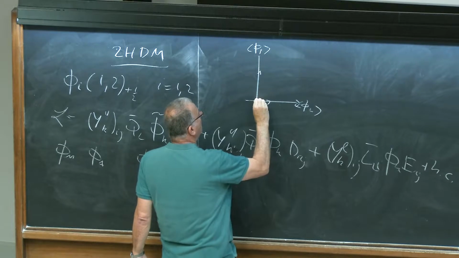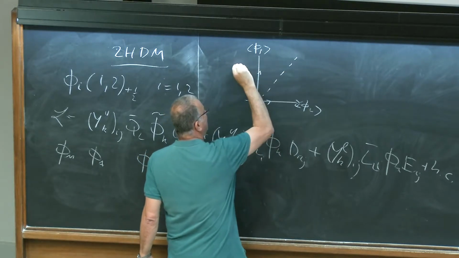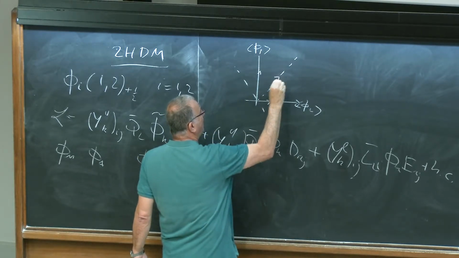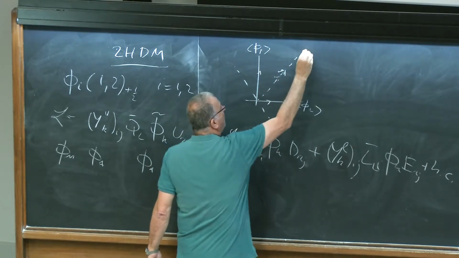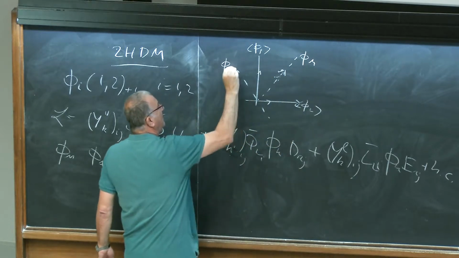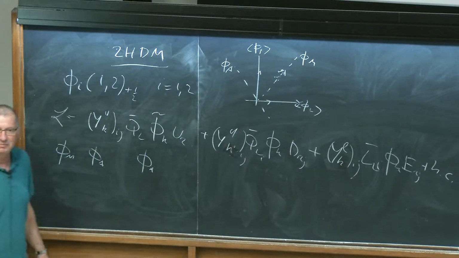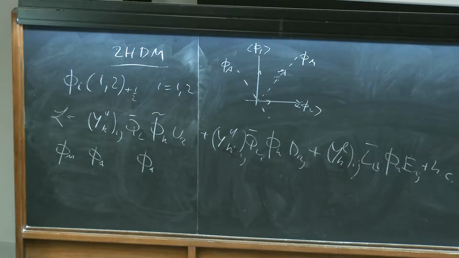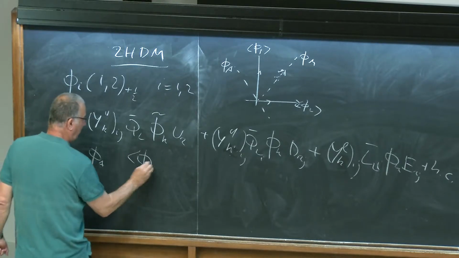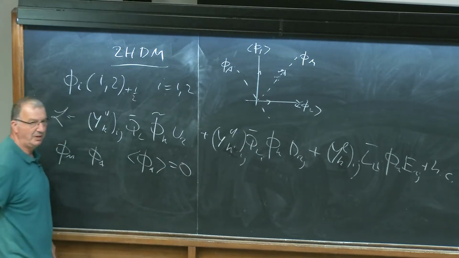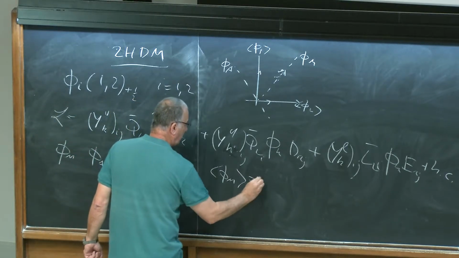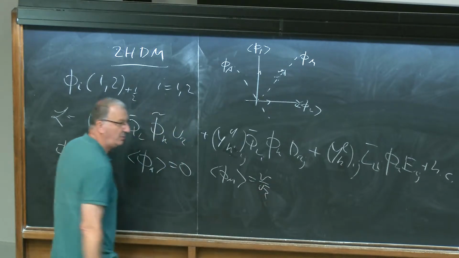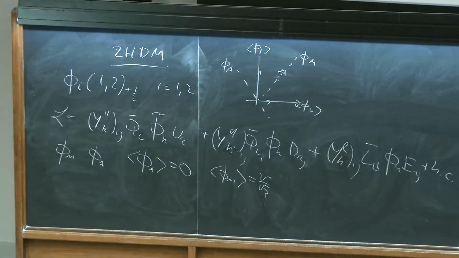I can now move to a basis where the common vacuum expectation value is carried by one of them, which I call phi m, and the other doesn't have a vacuum expectation value. I can always do such a transformation. So this is defined by the vev of phi a equals 0, and the vev of phi m is the same v over square root of 2 as that of the Standard Model. I can always move to such a basis in a two Higgs doublet model.